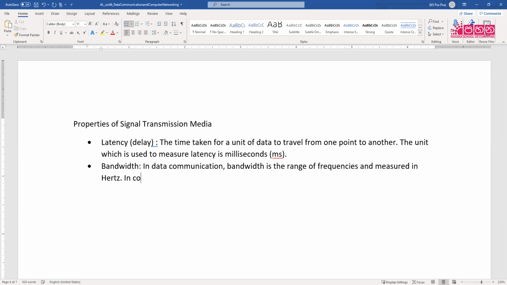In computing, bandwidth is used to refer to the amount of data transfer between two locations.